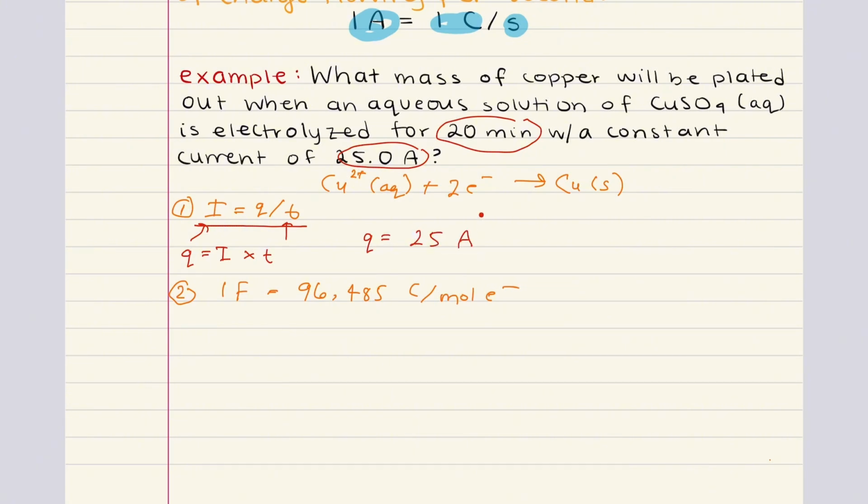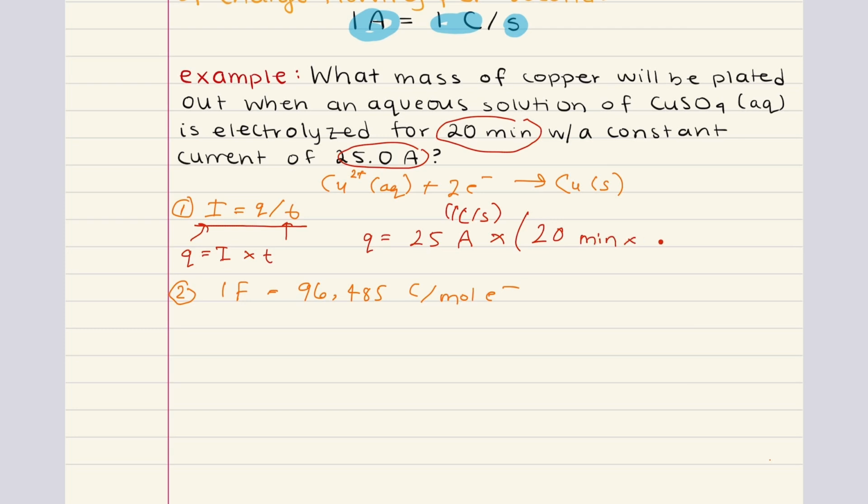Now remember, an ampere is 1 coulomb per second. Keep that in mind because this is going to be important in the way that we represent our time. We're given time in minutes, but we want to convert that to seconds so that our units of seconds cancel out and we get charge in units of coulombs. So we have 20 minutes.